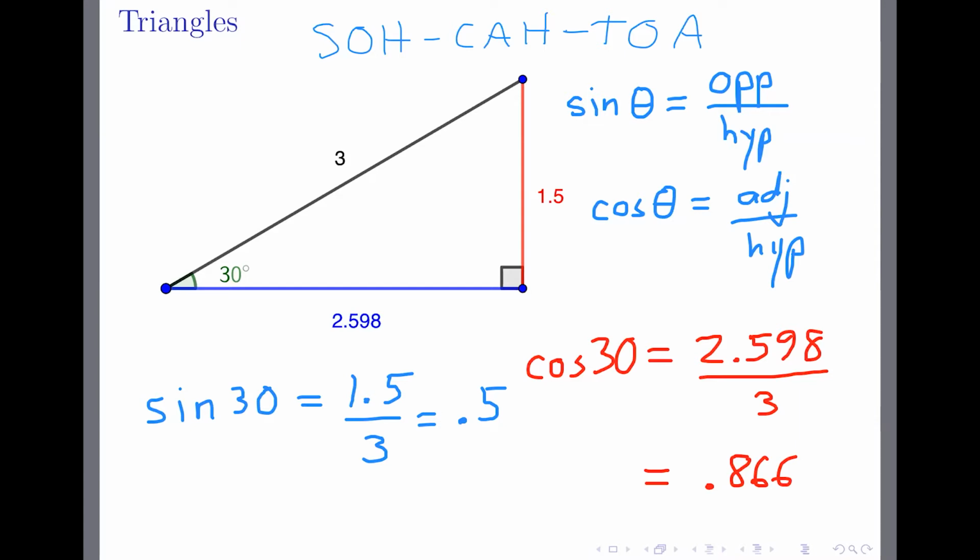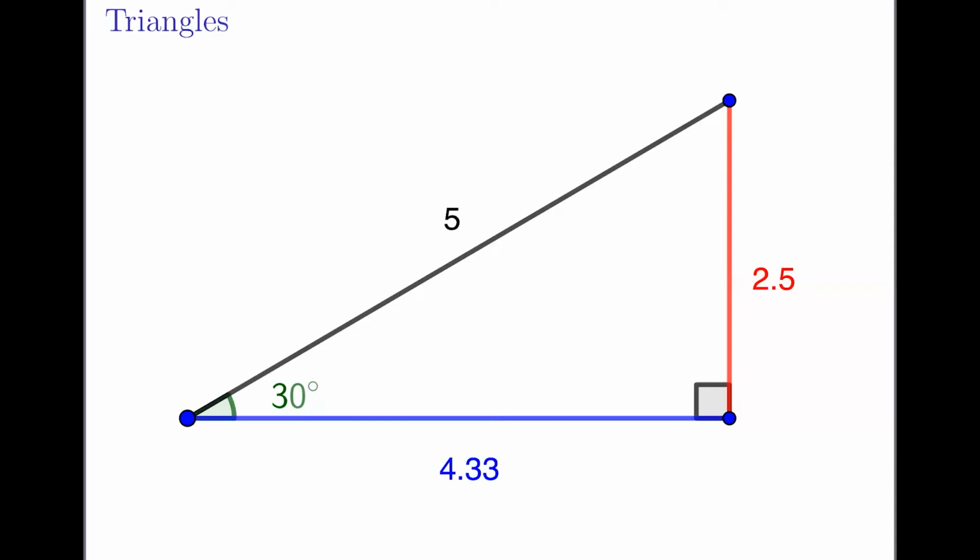Now we're going to do the same kind of thing, but with a slightly bigger triangle. You can see that this triangle is bigger than the one on the last page, but it still contains a 30-degree angle, and it's still a right triangle. So let's ask, what's the cosine of 30 degrees? Well, the cosine of 30 degrees is, again, the length of the adjacent side divided by the length of the hypotenuse.